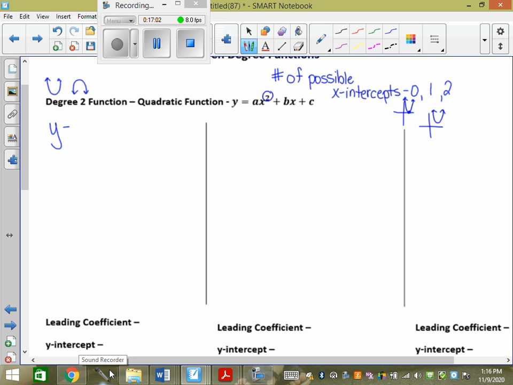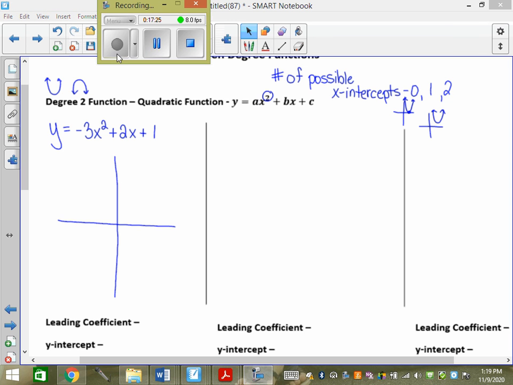Y equals negative 3x squared plus 2x plus 1. I want you to type it into your calculator and graph it. Okay. So I know that this graph has a y-intercept at 1 at the very least, right?